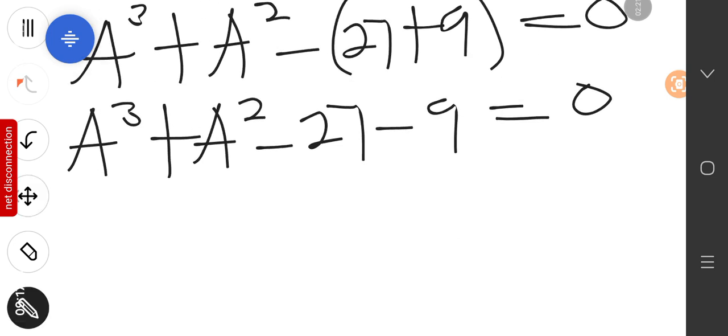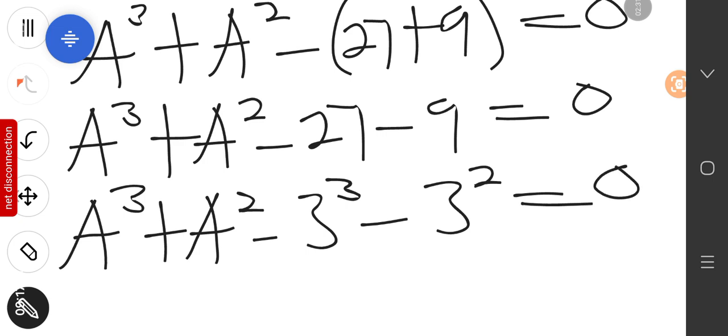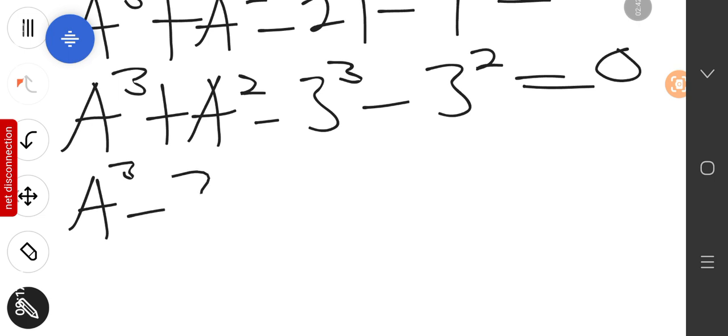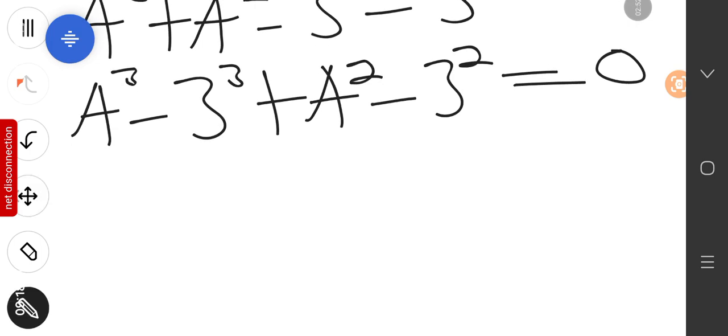So you're going to have a cubed plus a squared minus 3 cubed minus 3 squared equals 0. Let's group the cubes at one side and the squares at one side. So you're going to have a exponent 3 minus 3 exponent 3 plus a squared minus 3 squared equals 0. You can see these are the cubes and these are the squares.